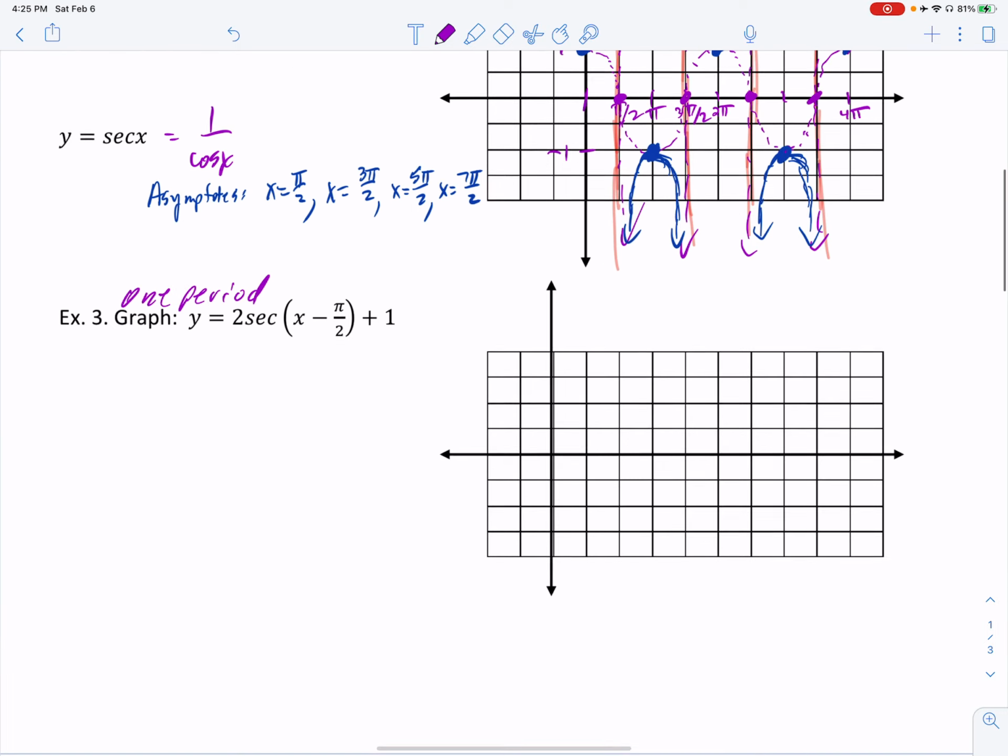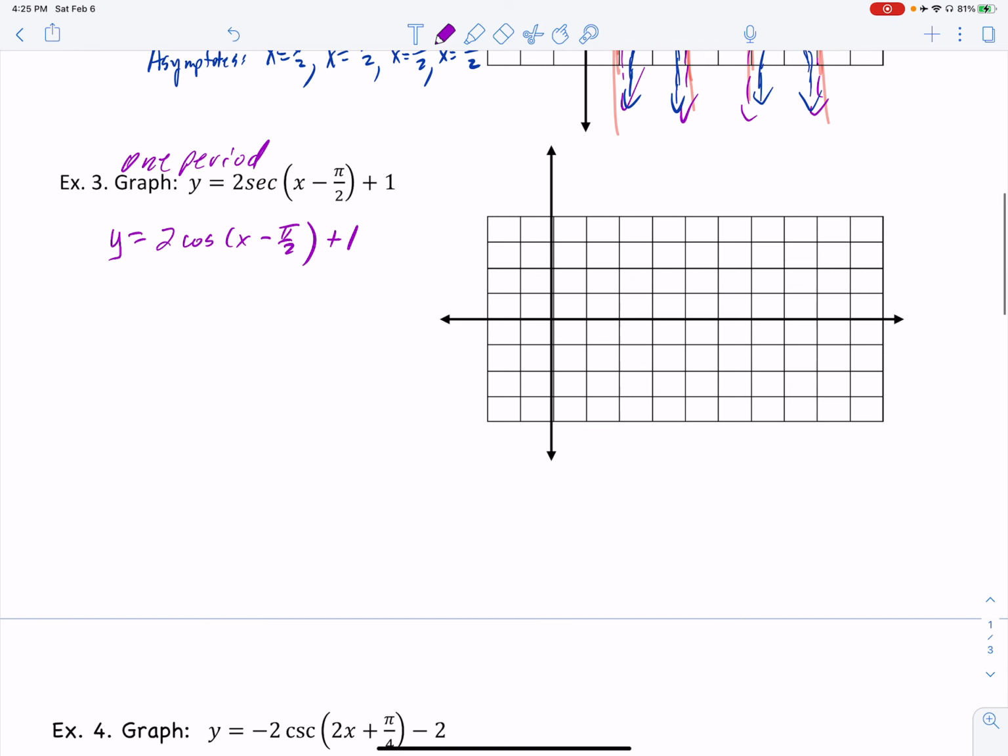And what we're going to do to graph this is we are going to graph the cosine graph and use it to graph secant, just like we did before. But there's a little bit of a twist to it because we have more going on.